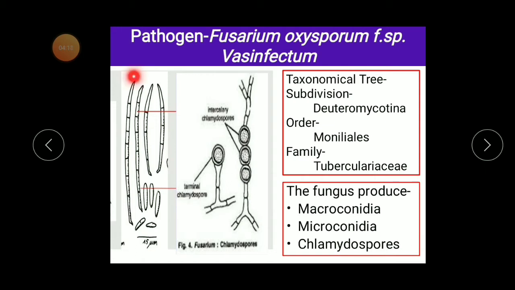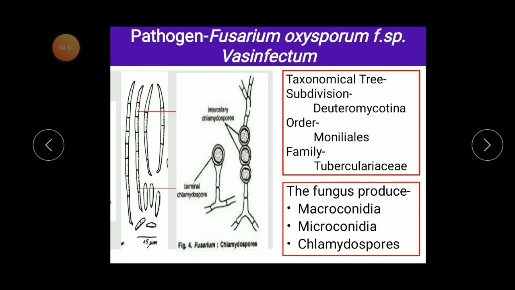The first one, which is very long, is the macroconidia, and this small one is the microconidia, and this one is the chlamydospore. Macroconidia means big conidia, that's why it's called macroconidia.